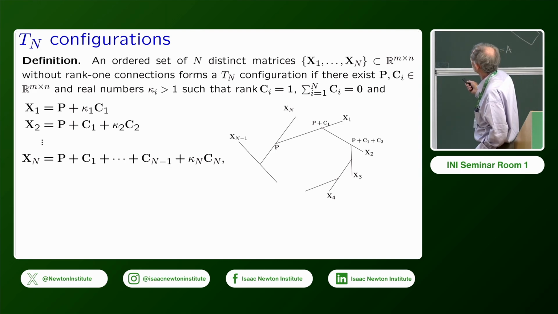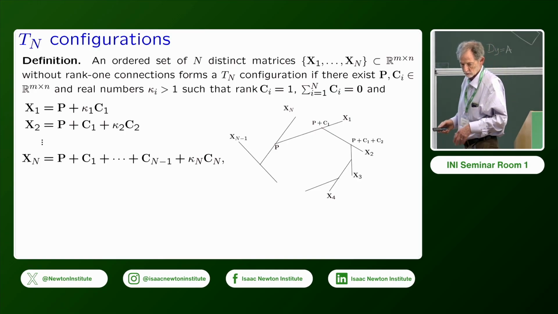And then you go a bit further and you get to X1. All right? So that's why this kappa 1 here is bigger than 1. And then from P plus C1 you go in this rank 1 direction C2, and then you go a bit further, you get to X2, and you continue like this. And the point is, you've got to get back to P.